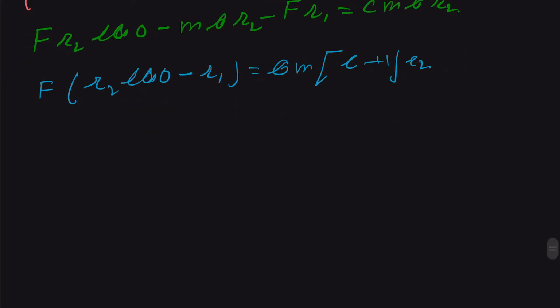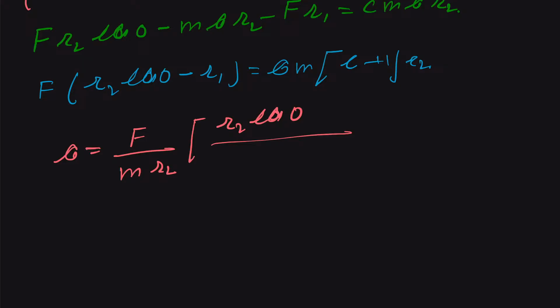Therefore from here we get our acceleration A will be equal to F upon MR2, times R2 cos of theta minus R1, divided by C plus 1.